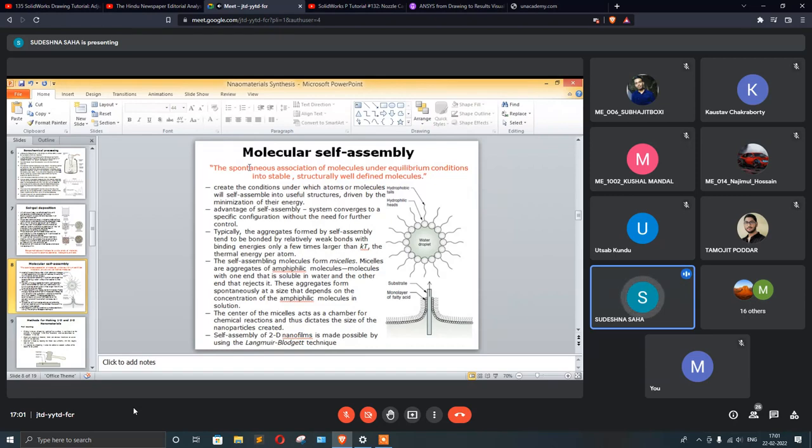So all of us, some of you have biology, so you know that the DNA structure is basically a classical example of molecular self-assembly.